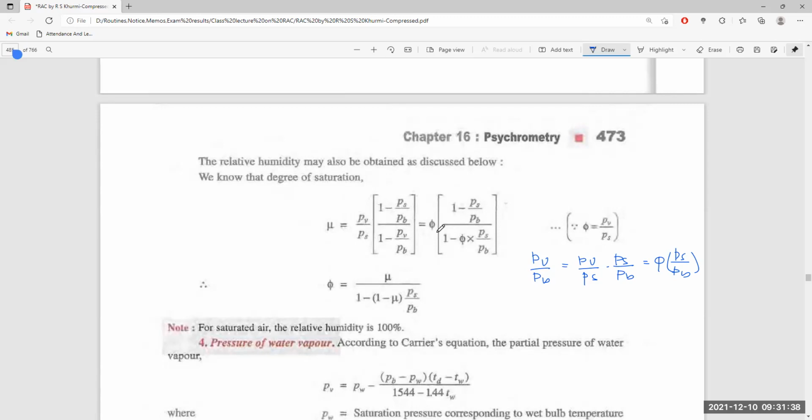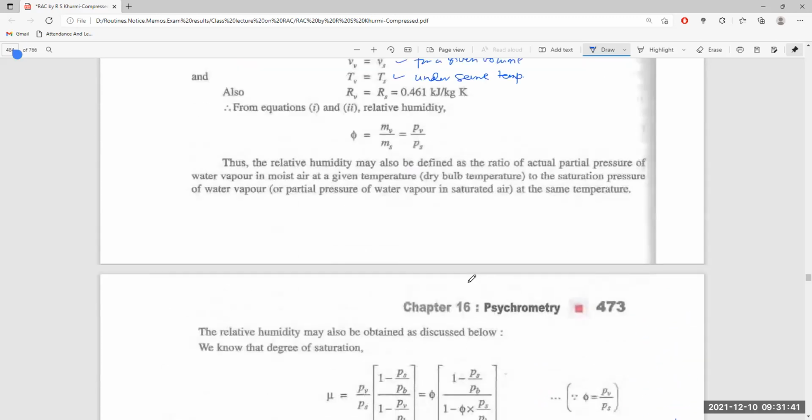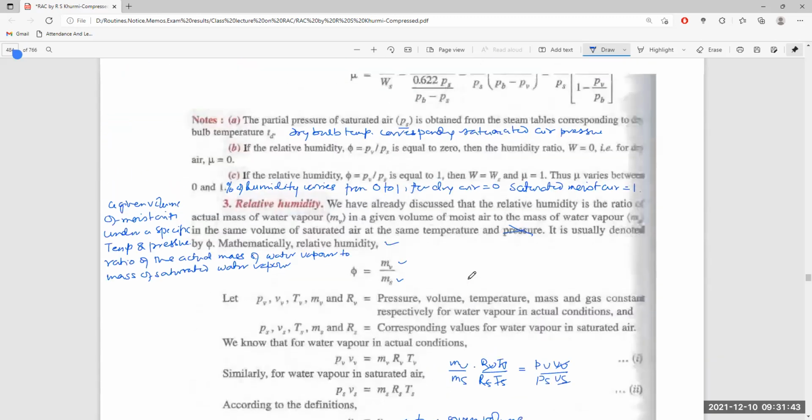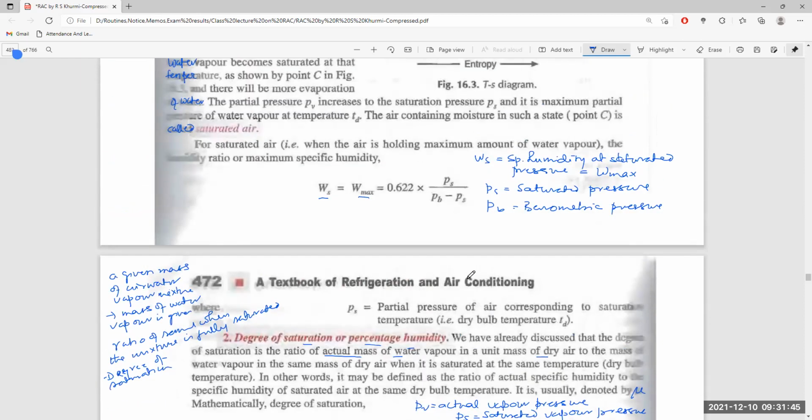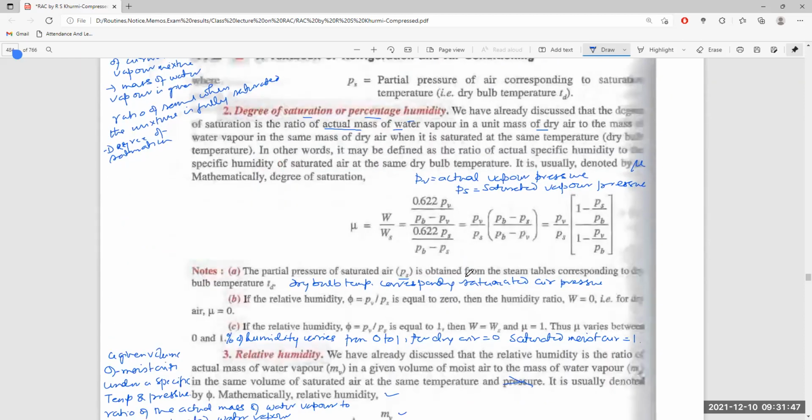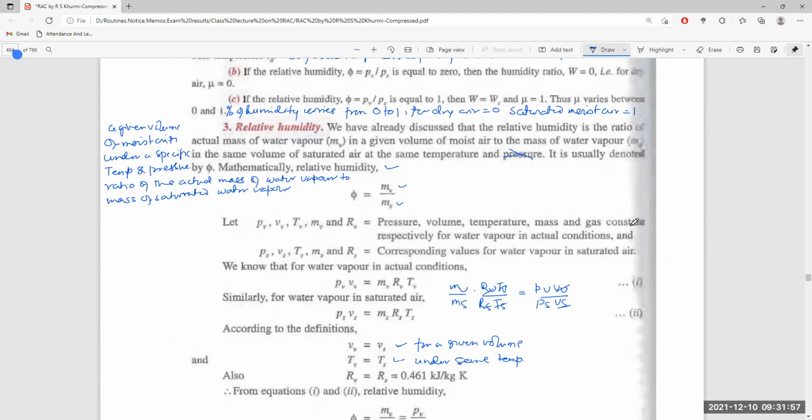This is 1 minus mu. What is mu? Percentage humidity is denoted by mu, which is given by Pp by Ps.